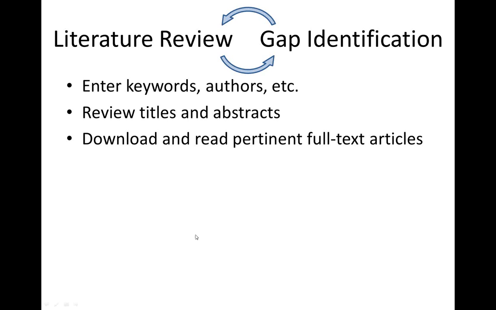So for the ones where the title is relevant and the abstract looks really interesting and pertinent to your current question, go ahead and download that article, read the full text, article, book chapter, what have you, and from there you can start getting an idea of what's known about your specific field.